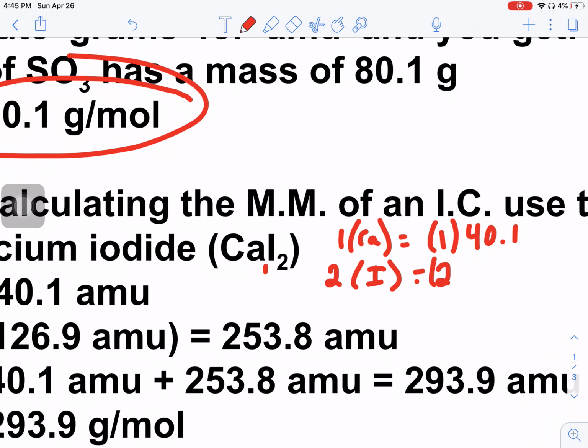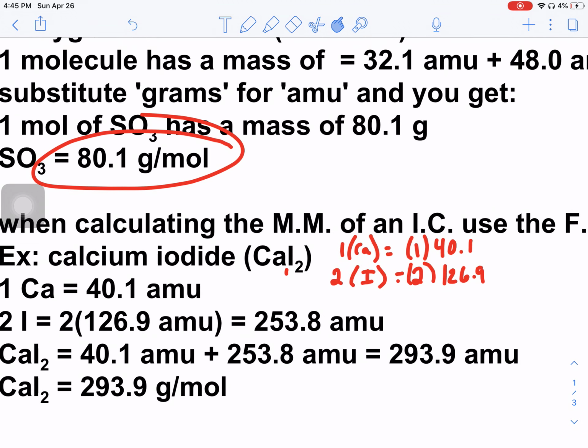So 2 times iodine. Iodine is kind of a heavy atom, about 126.9 grams per mole. When you do 2 times 126.9, you end up with 253.8.